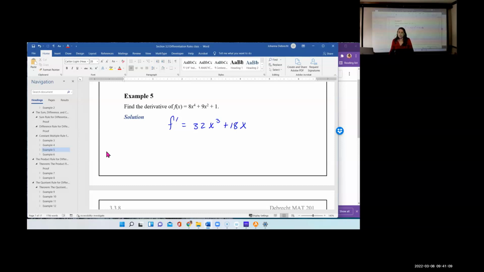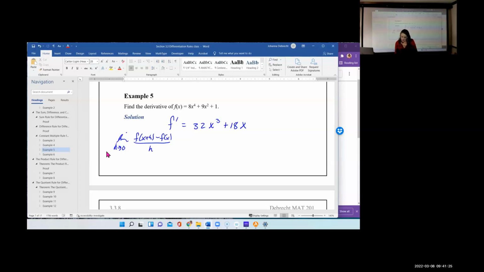Now, what are we finding when we do this? Believe it or not, we are finding the limit as h goes to 0 of f of x plus h minus f of x, all divided by h.